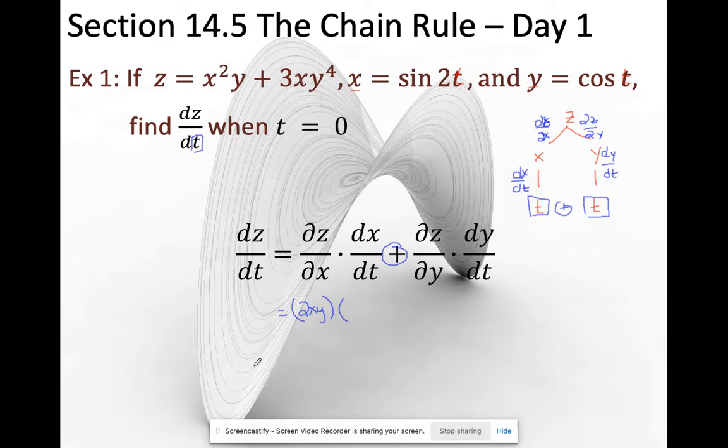Whoops, I'm sorry, I was going too fast there. 2xy times dx dt, plus I have something else, right? Partial z partial y times dy dt.